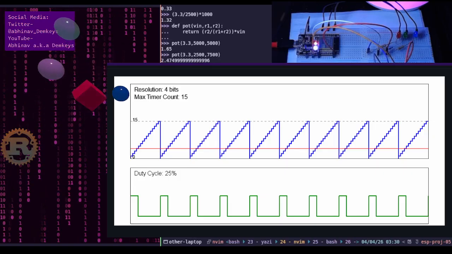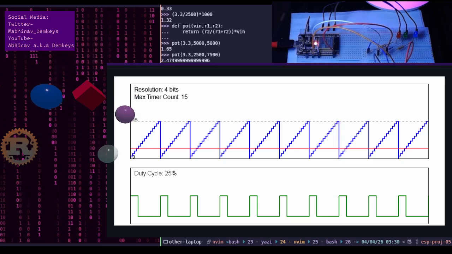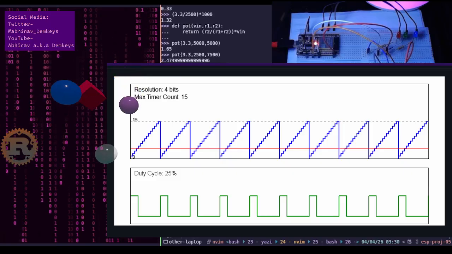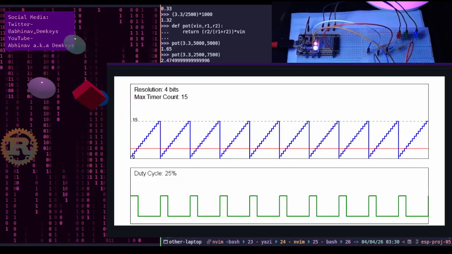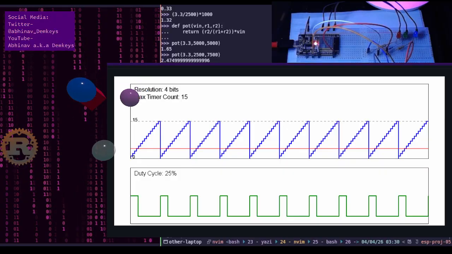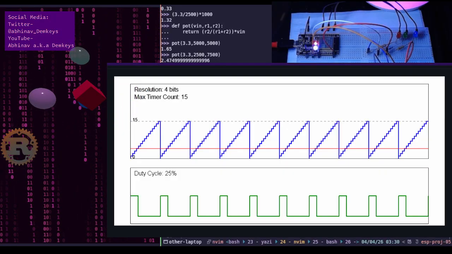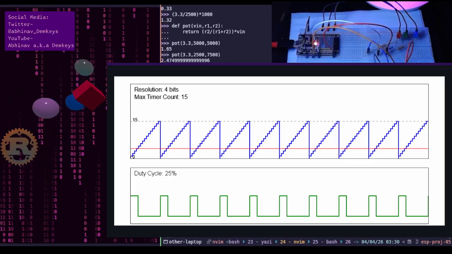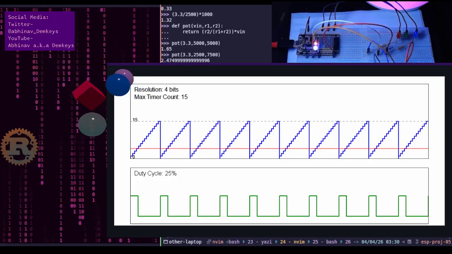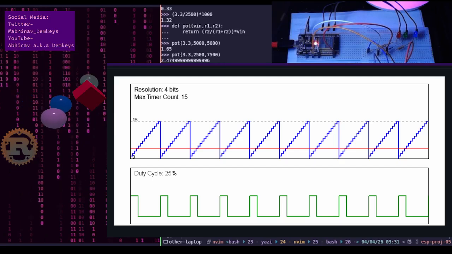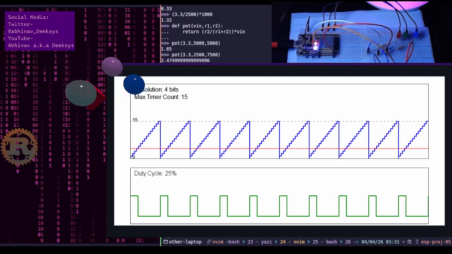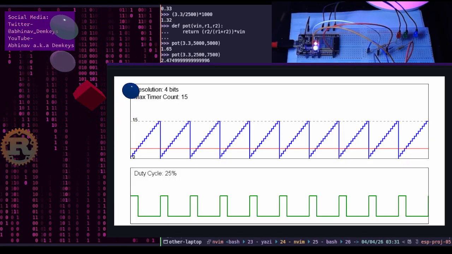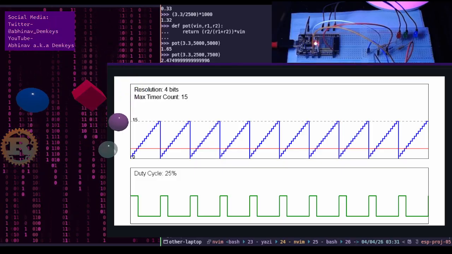Are we dropping frames? No, I think we're good.